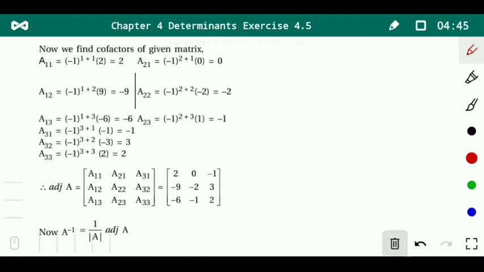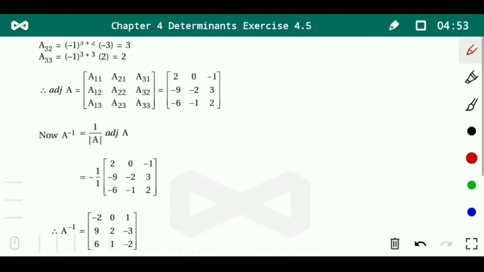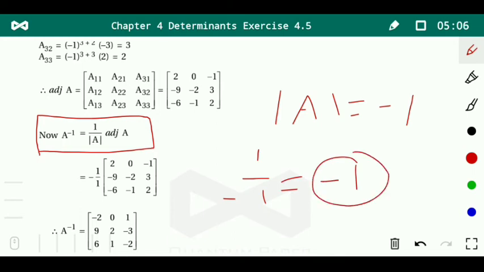Now we put the value of determinant of A and adjoint of A in A inverse. A inverse is given by 1 upon determinant of A into adjoint of A. So 1 upon determinant of A is 1 upon minus 1, which will be minus 1.